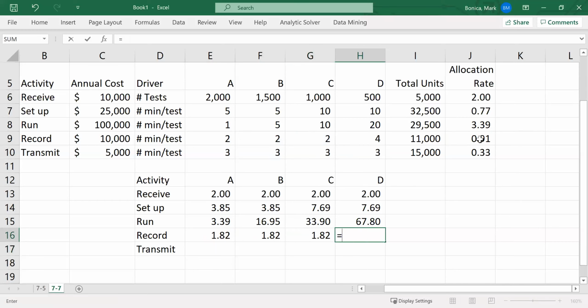And for D, it's 4 minutes times 91 cents. And now finally, for A, transmission is 3 minutes times 33 cents per minute. And this is going to be true all across, right? So I'm not going to bother, because they're all 3 minutes. So I'm just going to say it's the same.